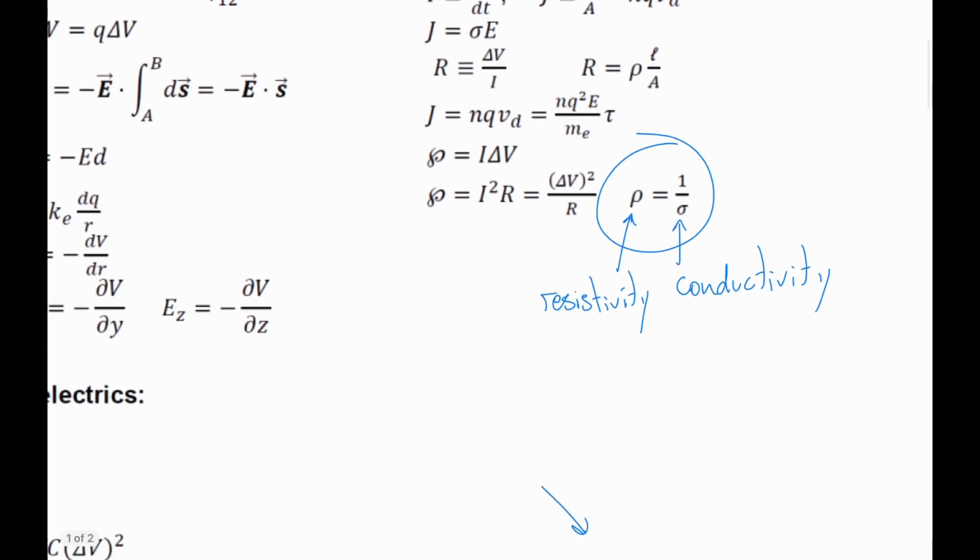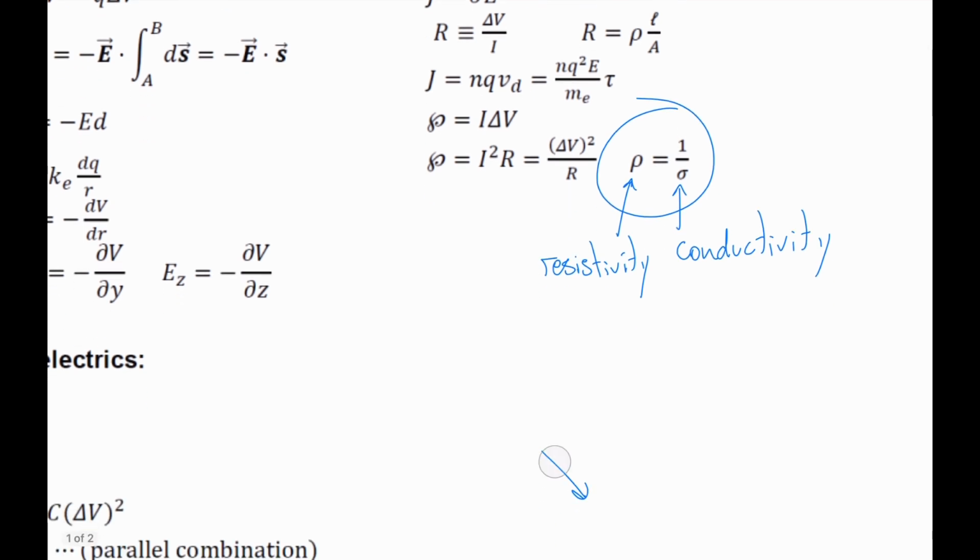So if you look at this equation, rho equals 1 over sigma, the bigger sigma is, you take 1 divided by a really big number, the smaller rho becomes. Makes sense? So the more conductivity a material has, the less resistivity it has. And the more resistivity it has, the less conductivity.